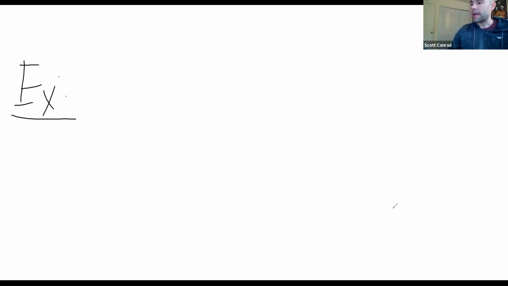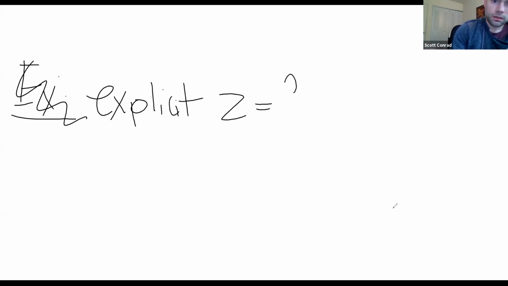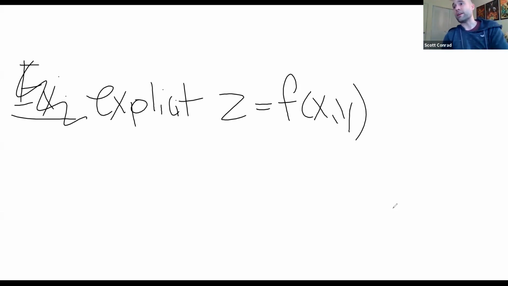So for instance, suppose we had the equation. So basically, when z is defined explicitly as a function of x and y, let me write it this way. Explicit. If I get z by itself and get all the x and y on the other side, then I say z is defined explicitly as a function of x and y.